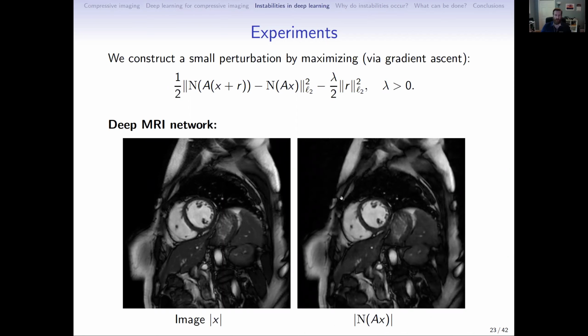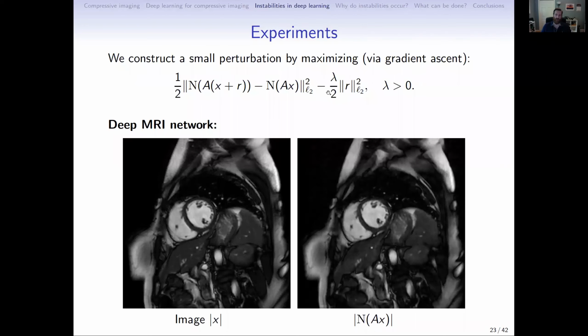This is a very high performing network for these types of images. So what we're going to do now is try to find a perturbation of the image that causes a large effect here. The way we do this is we try to optimize the following functional. Here we have a term that is promoting dissimilarity between the recovered images.